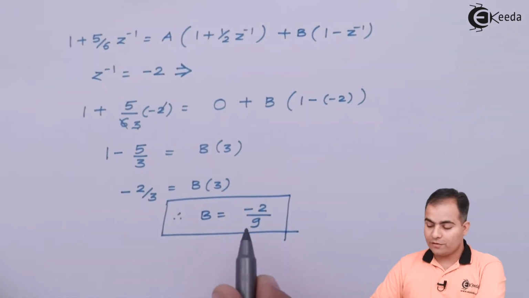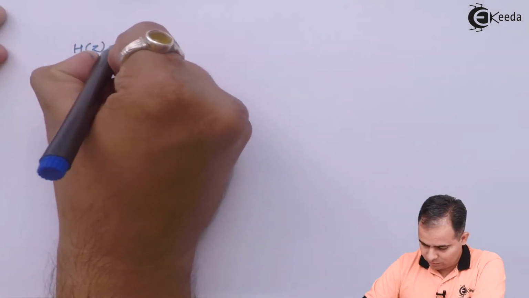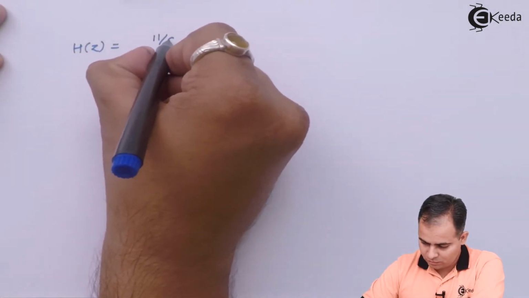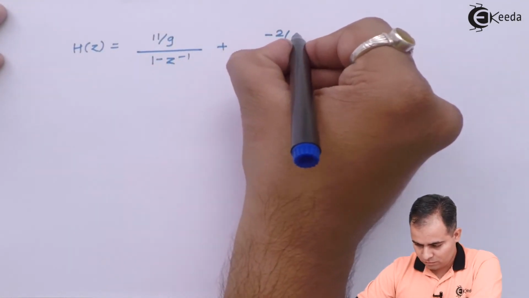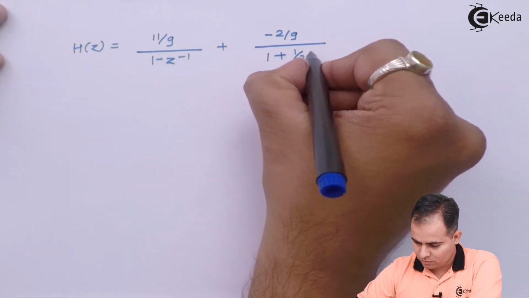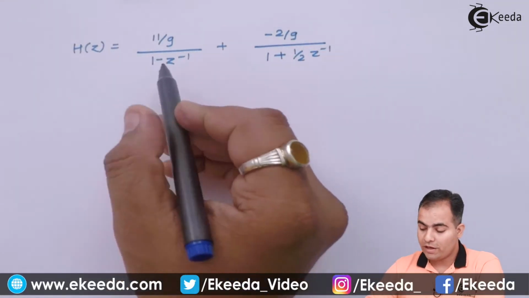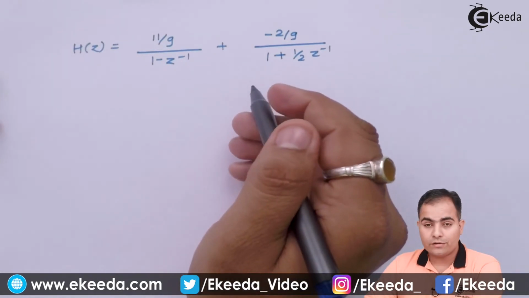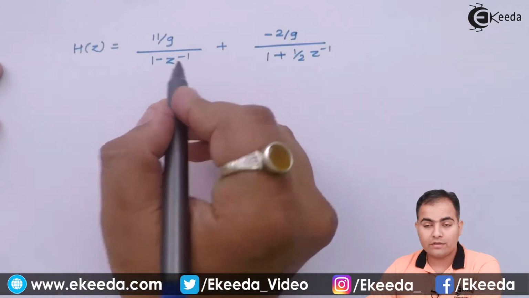And when I shift this 3 to the left hand side, my B result is minus 2 by 9. Now substitute the values of A and B in equation number 2. After substituting, I have got this result. Now as I told you, H(z) in parallel form is the addition of two transfer functions.